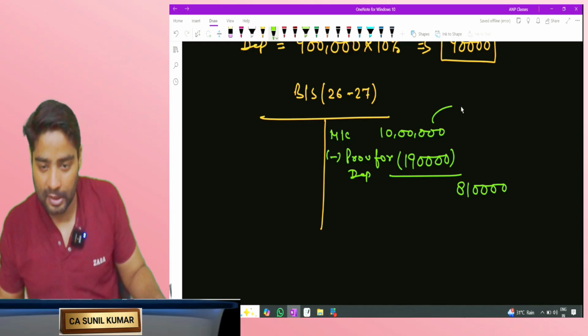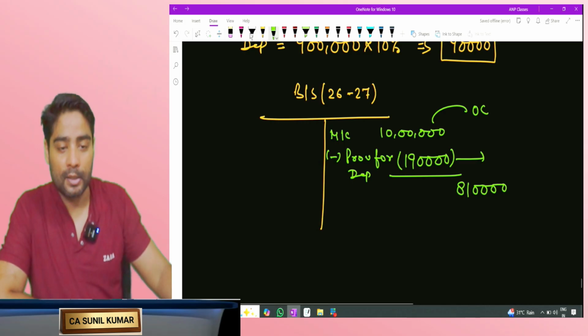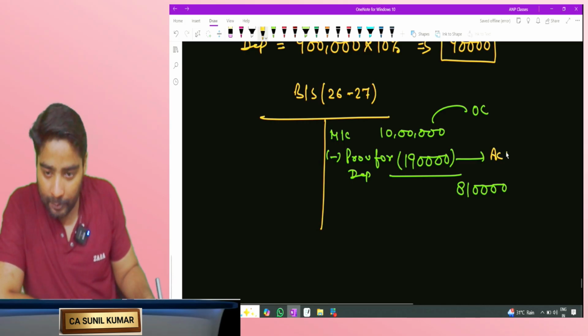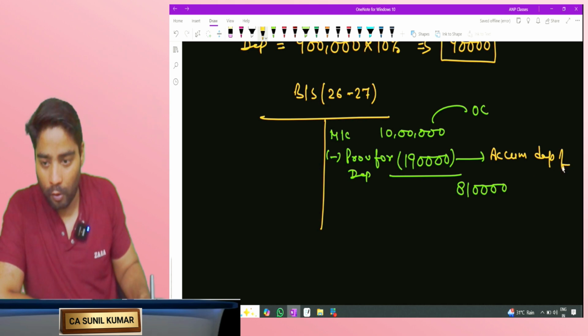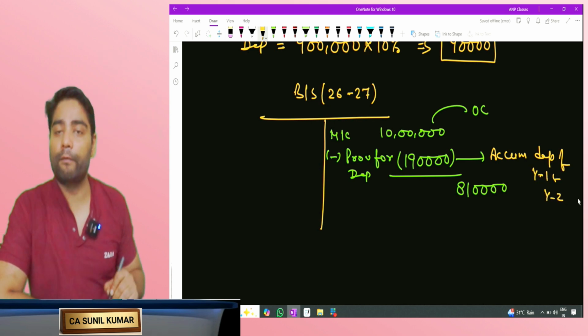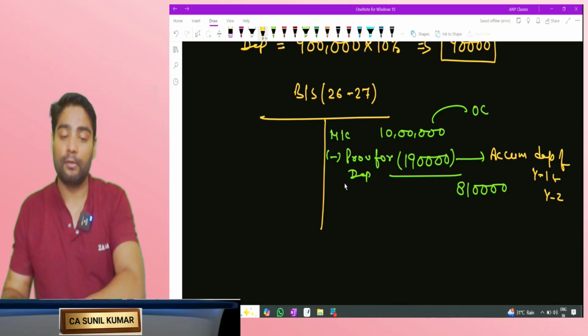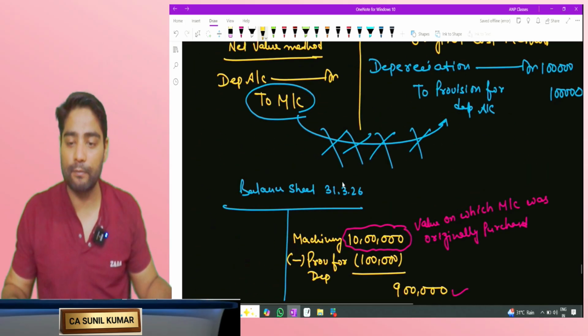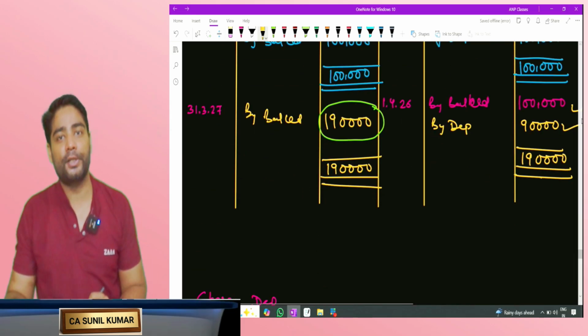Okay, so this is the original cost, and this is 1,90,000, the accumulated depreciation of year 1 and year 2. In year 1 we charged depreciation of rupees 1 lakh, and for year 2 we charged depreciation of 90,000.